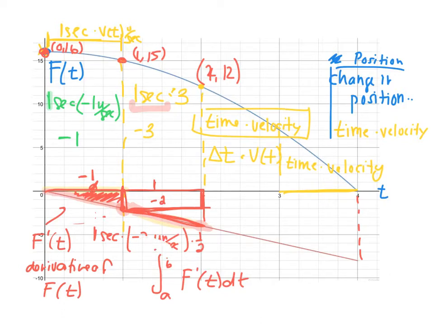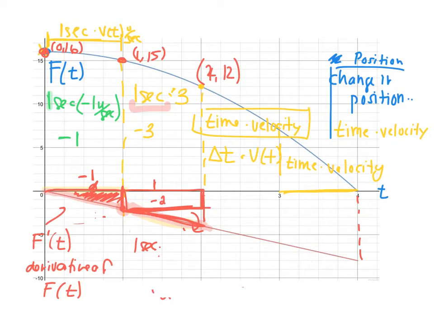So for this triangle, which is on the bottom there, we can calculate that area. The triangle has a base, again, of 1 second. Now the height of this triangle, well, this is the velocity of -2. This is the velocity of -4. So the height is -2. And then we take 1/2. So this triangle also has an area of -1. So this entire thing has an area of -3.